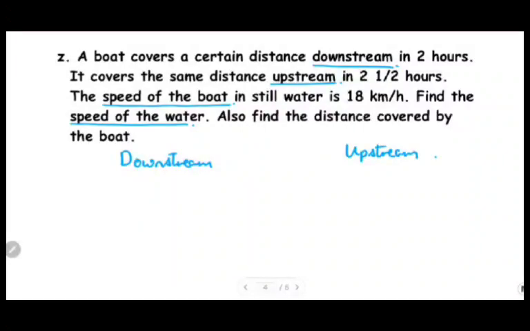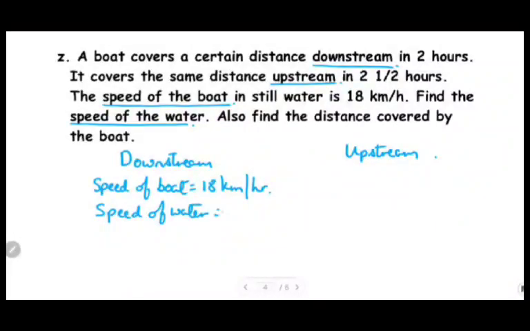Okay, so speed of boat in still water. So speed of boat is equal to how much? 18 kilometers per hour. Okay, speed of water. Let's take speed of water equal to x.